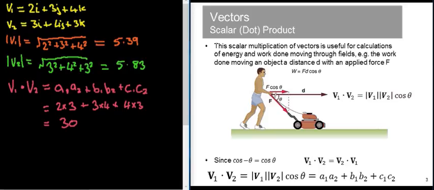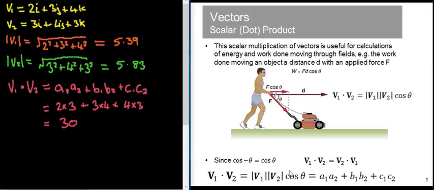So now I think we've reached a point where we can do this sum here to find out what the angle is between those two vectors, vector 1 and vector 2. So if you're asked for the magnitude, we've done that. If you're asked for the scalar product or dot product, we've done that.